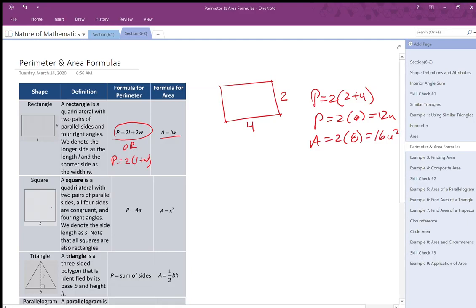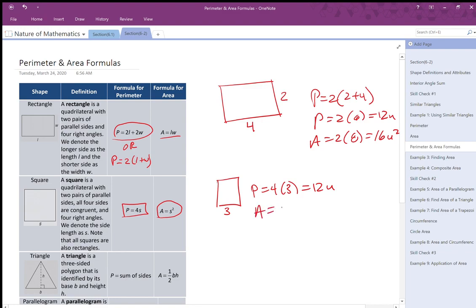A square has all equal sides, so we're able to simplify the formula. We can say that the perimeter is 4 times s. Instead of having lengths and widths, since all the sides are the same, we use s to represent side. And instead of having length times width in the area, we would say side times side, so we get side squared. So if we have a square with side 3, perimeter would be 4 times 3, which is 12 units.